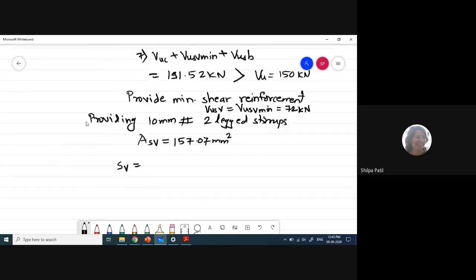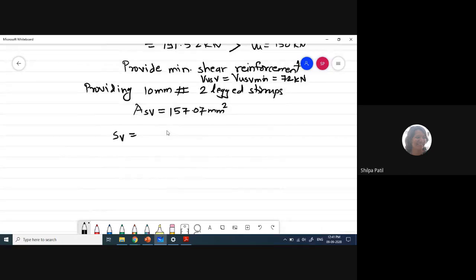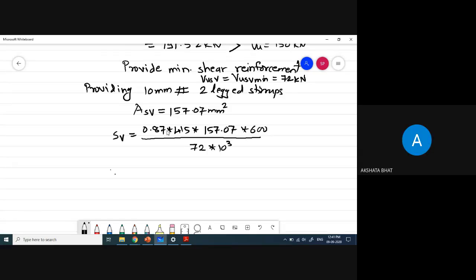So let us use the formula of SV again. It is 0.87, Fy is 415, into ASV is 157.07, into D is 600, divided by VUSV, which is 72 into 10 raised to 3. So 472.58 mm.